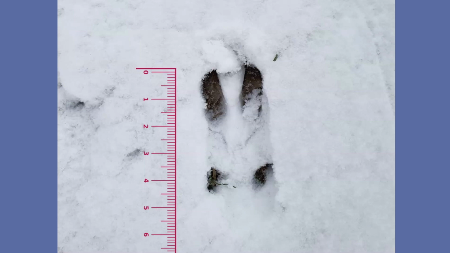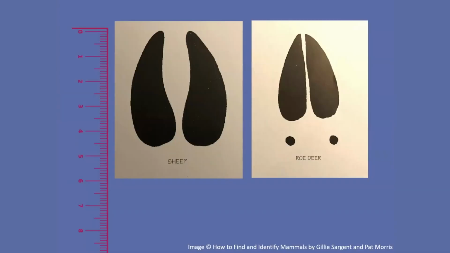So this deer is moving relatively quickly, although the snow's quite soft, so it could just be that, and the toes are splayed at the front, and you can very clearly see the dew claws imprinted in the snow at the back there. Around here, one of the main things is telling the difference between your deer and your sheep.